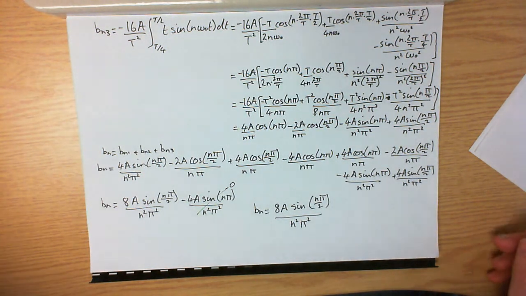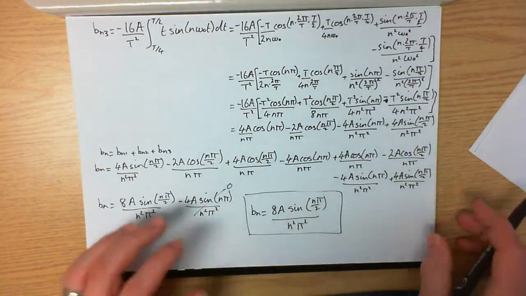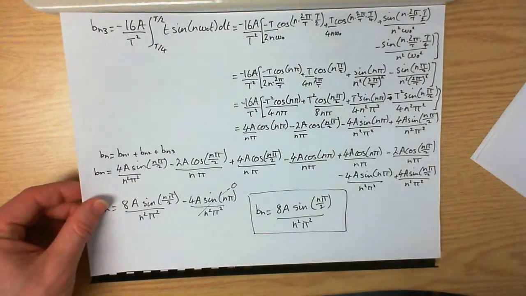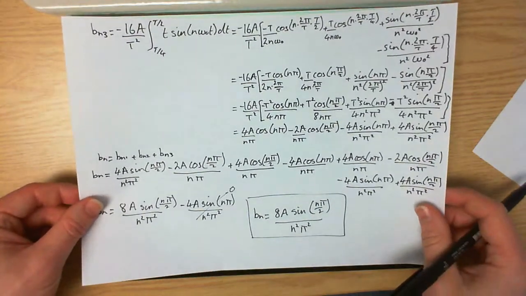So it is rather complicated, but we do get to this final answer for Bn. But that's not the final answer of the question, because we still haven't written down what the actual Fourier series is. So we've got to just finish that off.